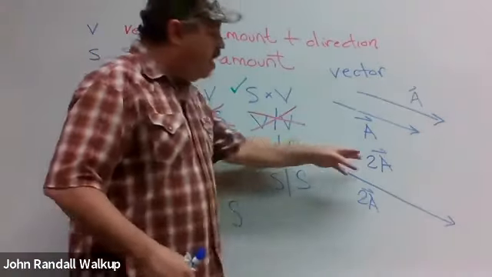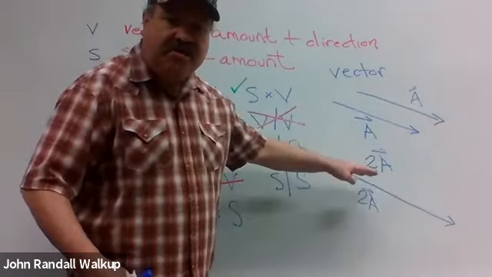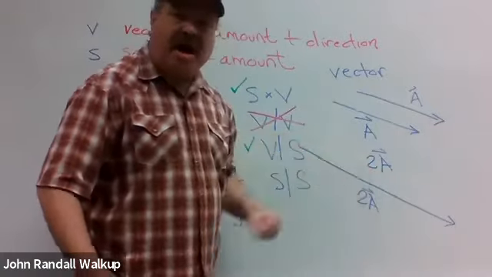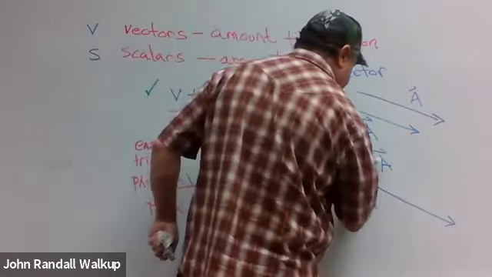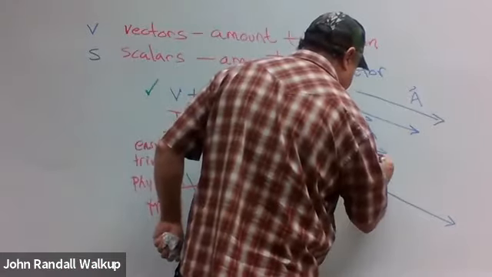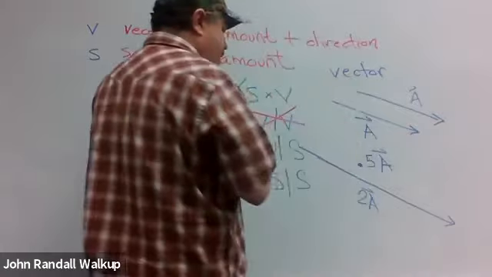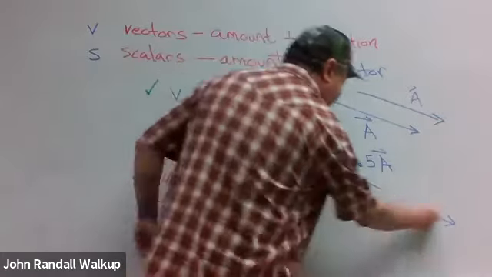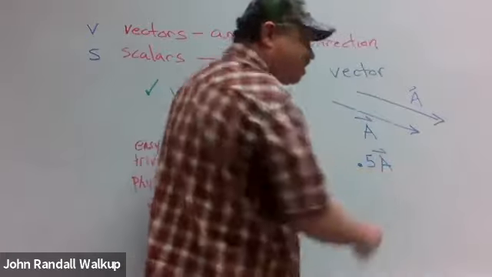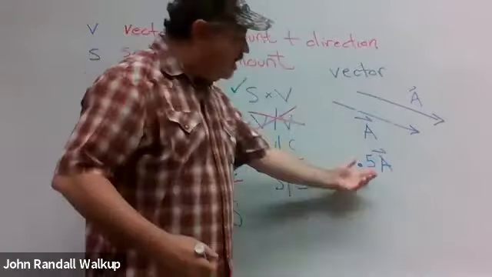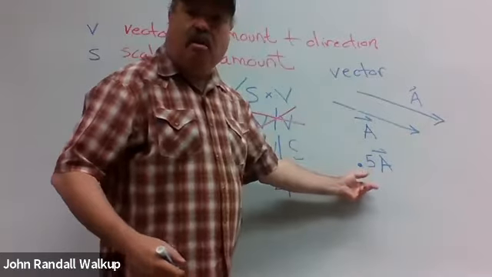So what if we multiplied our vector by 0.5, a number smaller than 1? In this case, this number being smaller than 1 causes A to shrink. It shrinks by 0.5, 1/2.